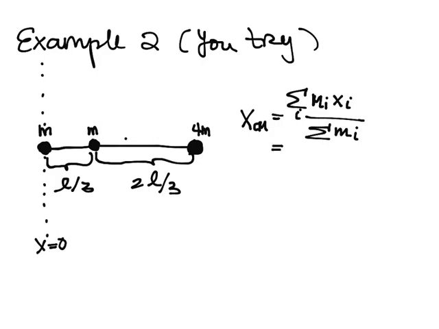Okay, so we have xcm equals, and we know here our total mass is m plus m plus 4m, which is 6m.